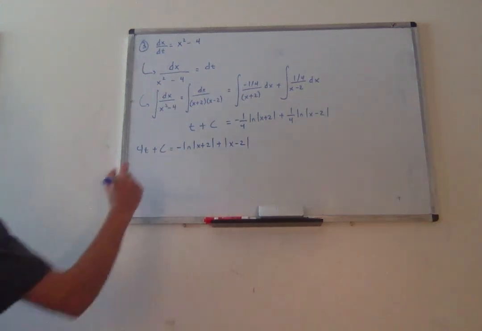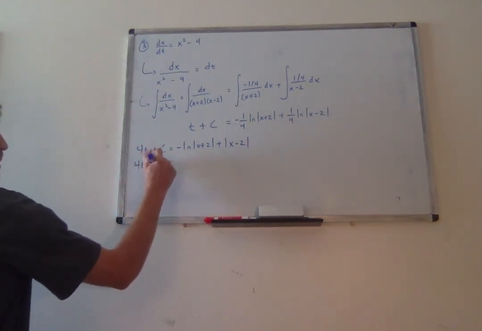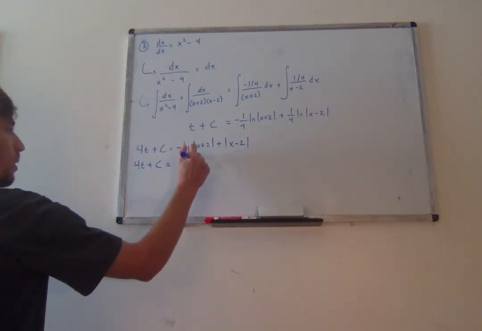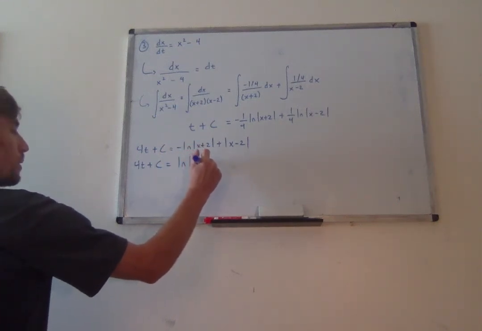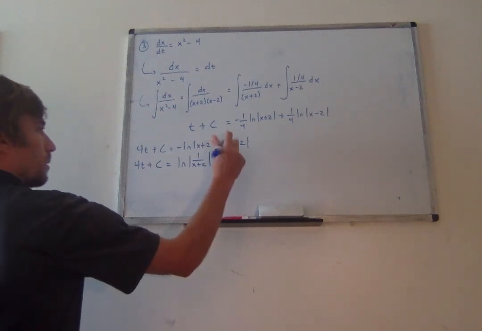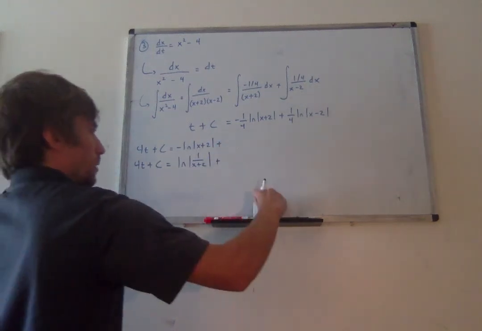Then you could bring in this negative, so you'd get 4t plus c is equal to the natural log of 1 over x plus 2 plus the natural log of x minus 2.